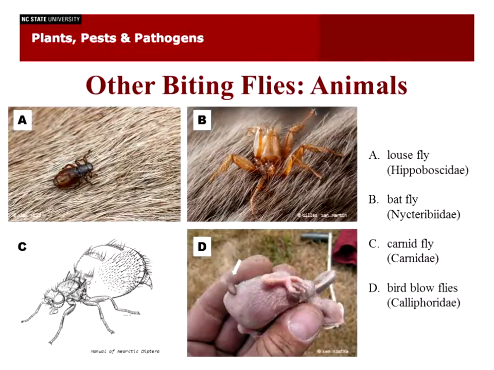Now, some other interesting ones that don't bite humans but are actually feeding on animals are going to be, for instance, the louse flies. They're called louse flies because many are wingless or lose their wings. They're flattened, and they're very closely associated with mammals and birds. You've got bat flies, which are very, very strange-looking creatures, look like spiders almost, very small, and are specialized to live on bats.